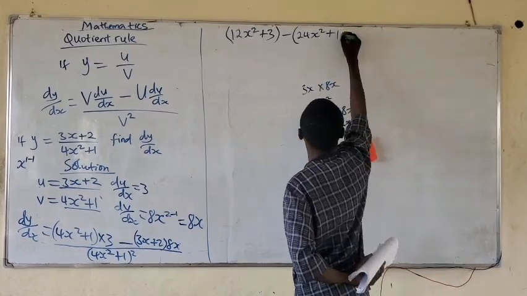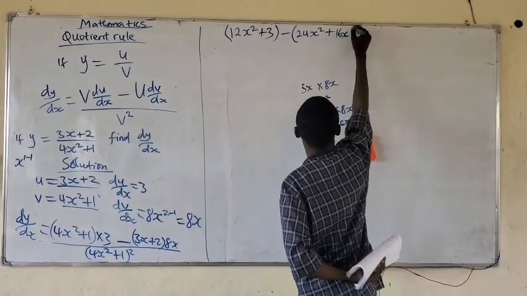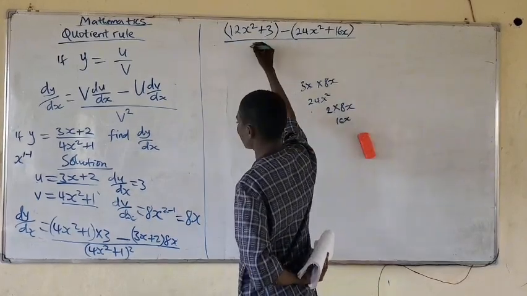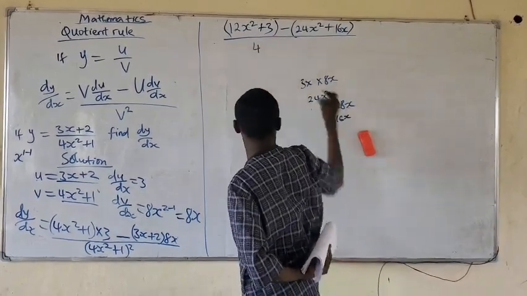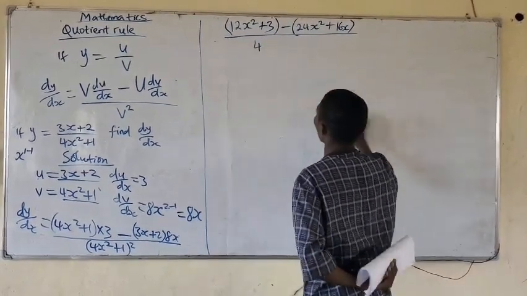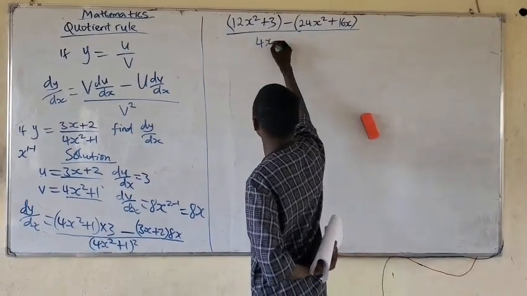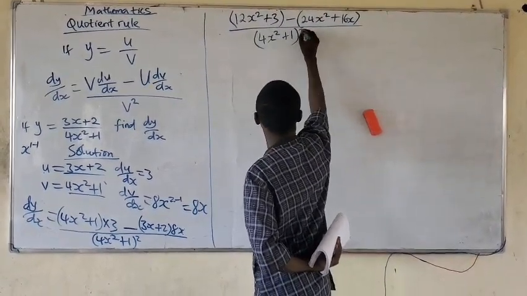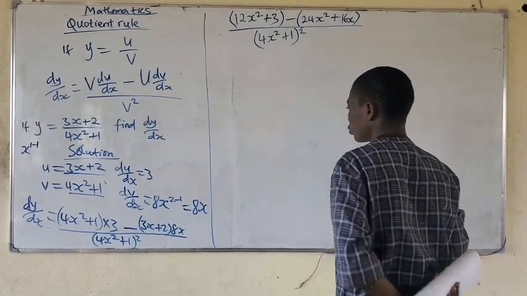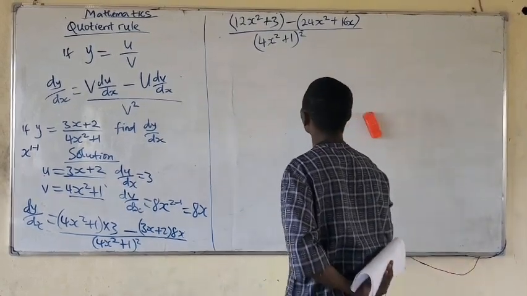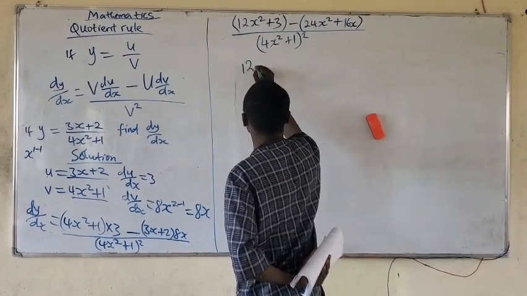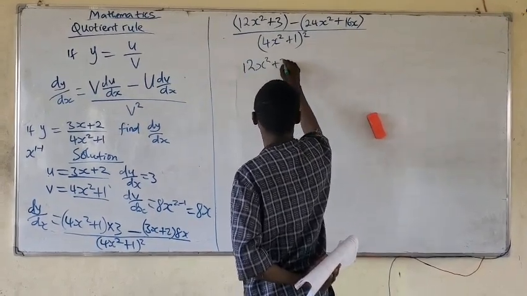So we have 16x, everything all over 4x squared plus 1. So let's continue. Here we have 12x squared plus 3.